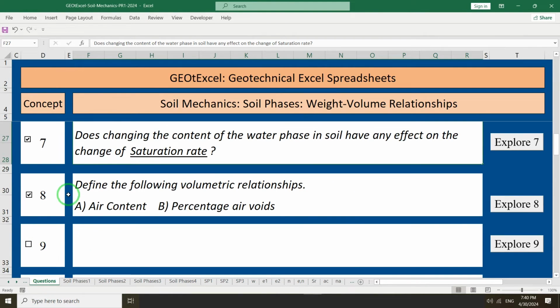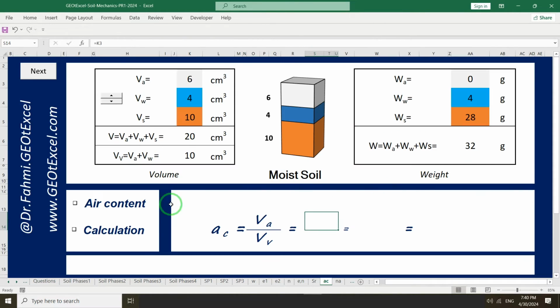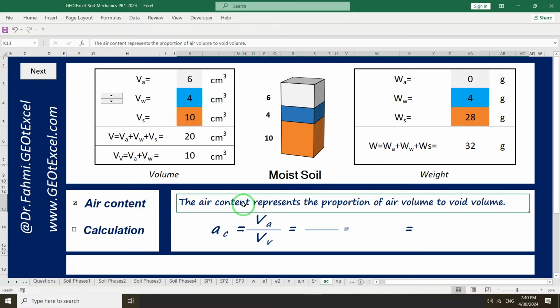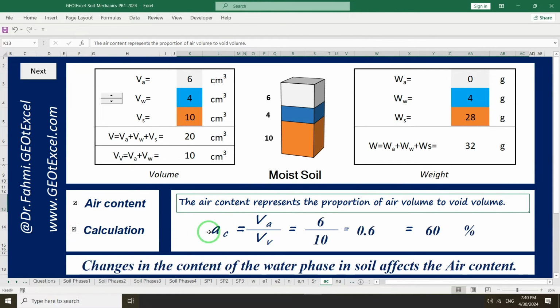Concept 8. Define the following volumetric relationships: air content and percentage air voids. Explore 8. Air content. The air content represents the proportion of air volume to void volume. Calculation.